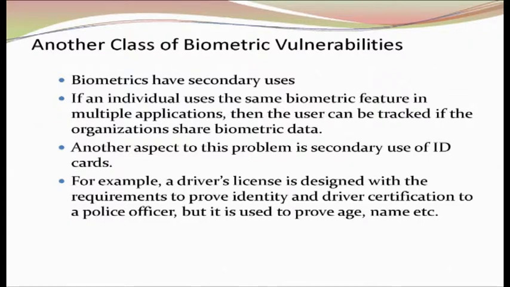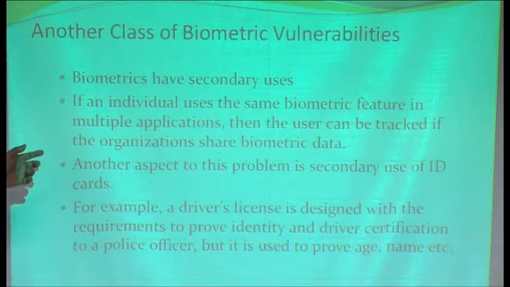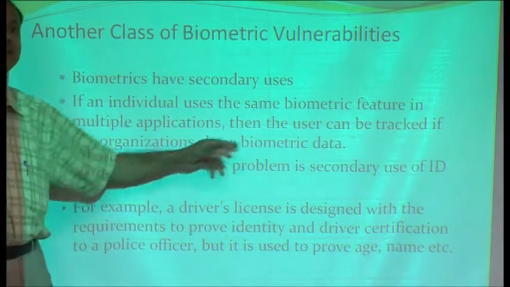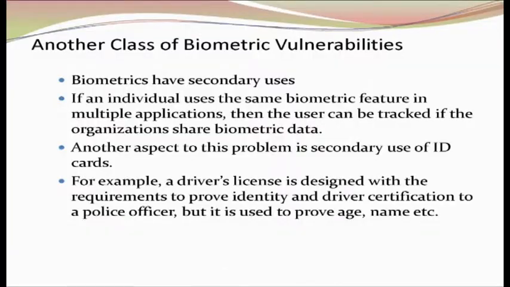I have given my fingerprint, face data and other data for different purposes, and I want to use the same data for multiple purposes. That means the organizations will be sharing that data. So, if that is there, then the user can be tracked using it, but at the same time, how can you tell that privacy is retained, right?